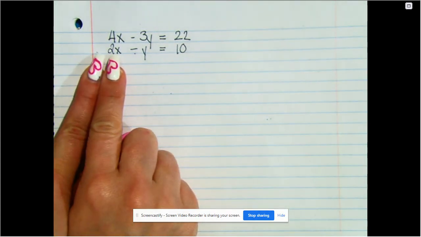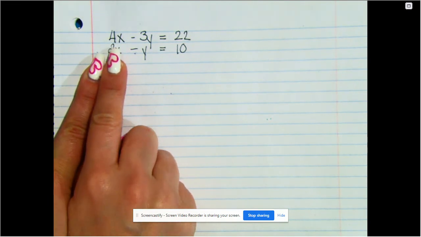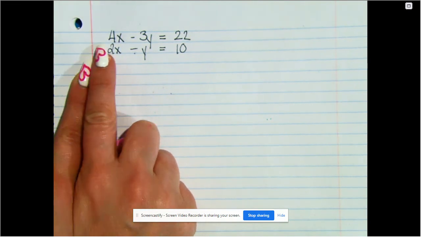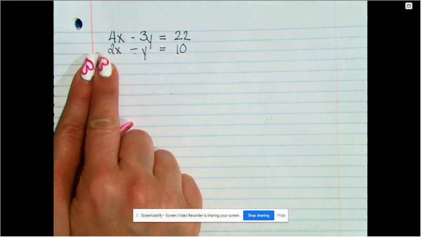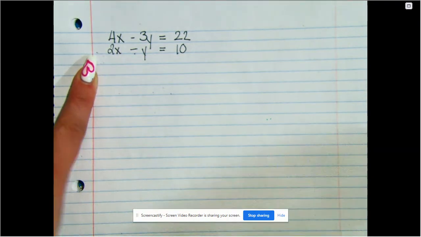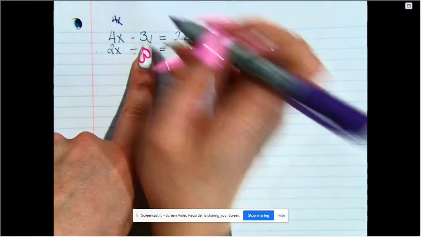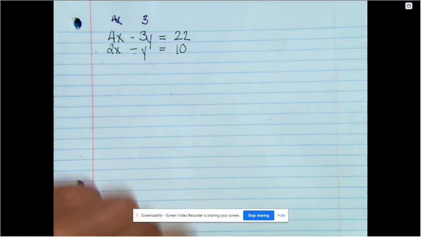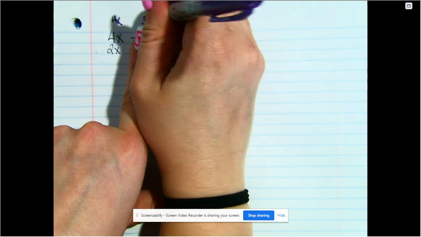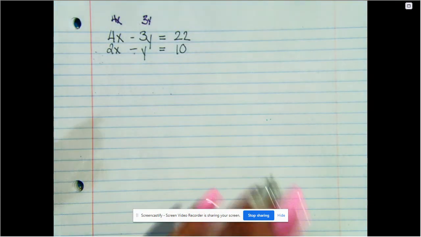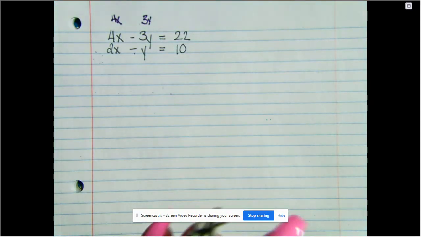If I was to work with the 4 and the 2 with the x's, I would want to multiply this set times 2 to make it a 4x. So again, I'm just thinking, oh, 4x is the common, and then this one right here is also 3. Okay, so hopefully I'm making sense. I would want them to look at 4x or a 3y. You're doing one or the other, you're not doing both.